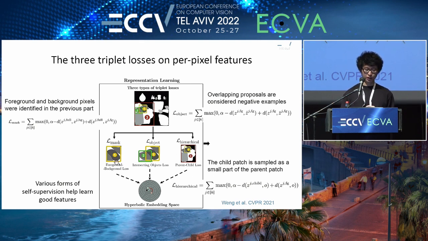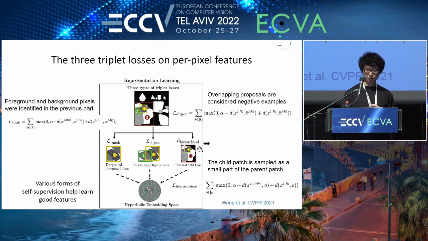For example, there is a foreground-background loss where the foreground, which is different from the objects in the hierarchy, should have a representation that is far apart. And then there's this parent-child loss, which is very similar to what we saw in the previous method, where subpatches should sit in the same hierarchy. So for example, pillows should belong to the same hierarchy as a couch.